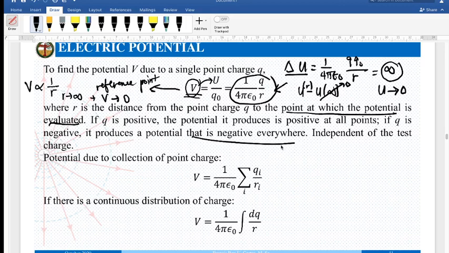Now, same with this, if q is positive, meaning if you move away from your source charge, since your V is proportional to 1 over r, what will happen is your potential will also decrease, right? But for negative, it is reversed. Since q is negative, if we get closer to it, the magnitude increases, right?